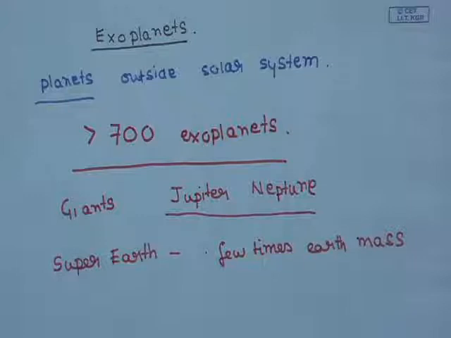Now, the interesting question that I am sure must be in your mind at present is, how does one go about discovering a planet around a star outside the solar system? Well, those planets are typically very faint objects.